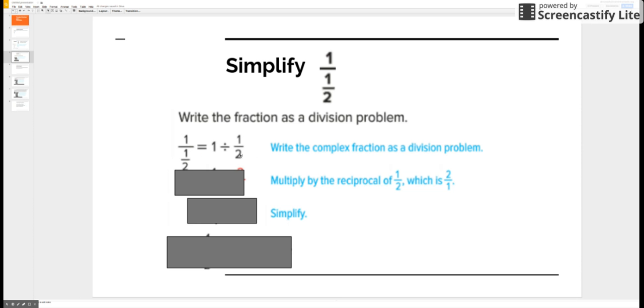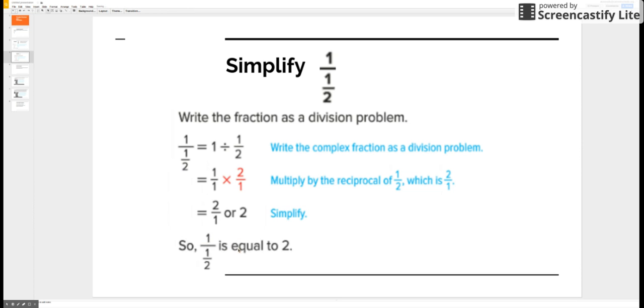So, again, when you divide fractions, you multiply by the reciprocal. So you just do 1 over 1 times this 1/2 gets flipped to 2 over 1. And then you just multiply across. 1 times 2 is 2. 1 times 1 is 1. So your answer would just be 2. So 1 divided by 1/2 is equivalent to 2.